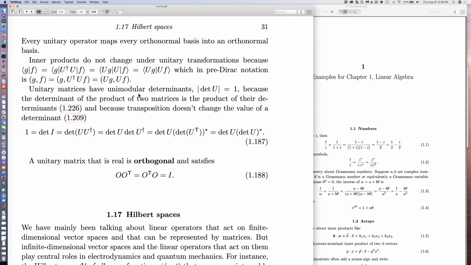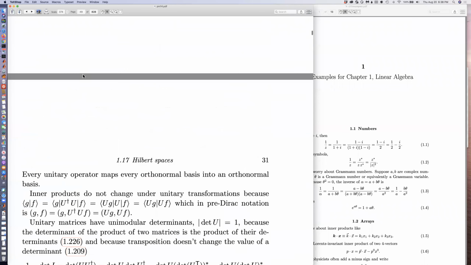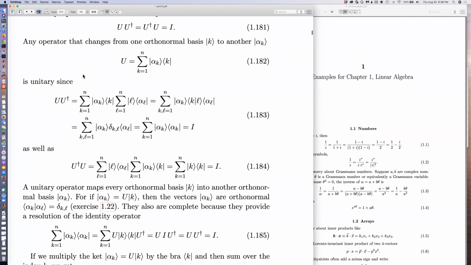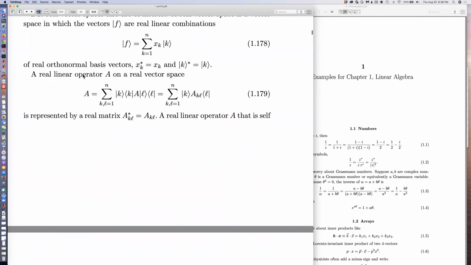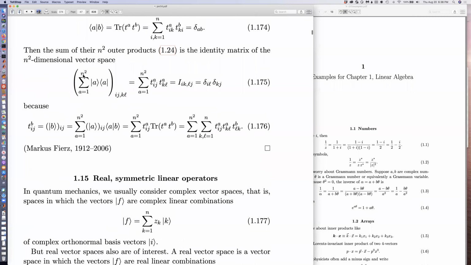What I should have done here was gone to bracket notation, and maybe I did that in the past. Let's just see.